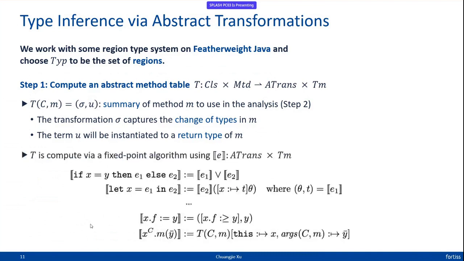And how do we compute it? Essentially, this is computed via a fixed point algorithm, using some operations to compute the transformation and the term for each expression of the Featherweight Java program. For example, if we have an if-then-else statement, then we compute the transformation of one branch and the other, and then we join them.